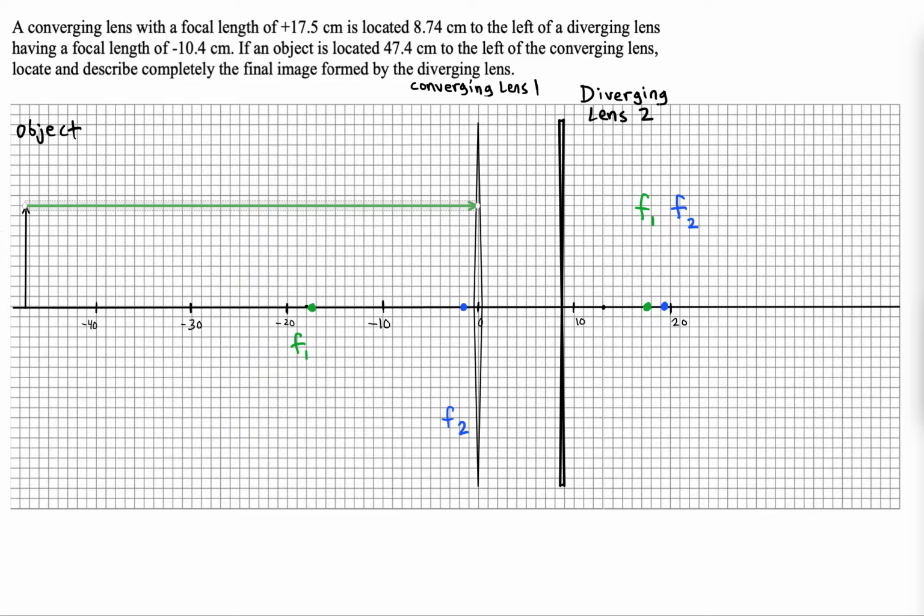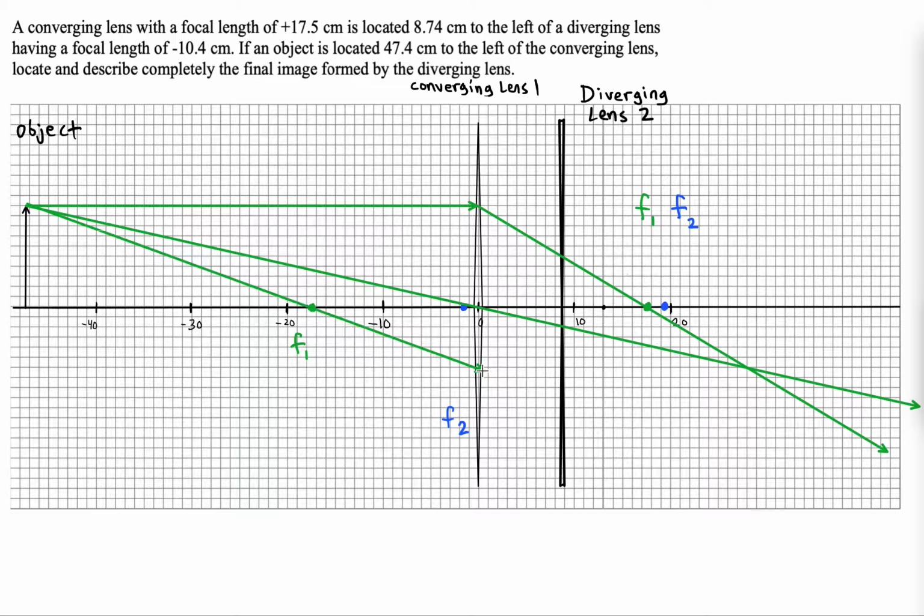Now since this is a converging lens, that ray would be bent toward focal point 1. We would also send a ray straight through the center of that lens. And we might as well draw this ray as well.